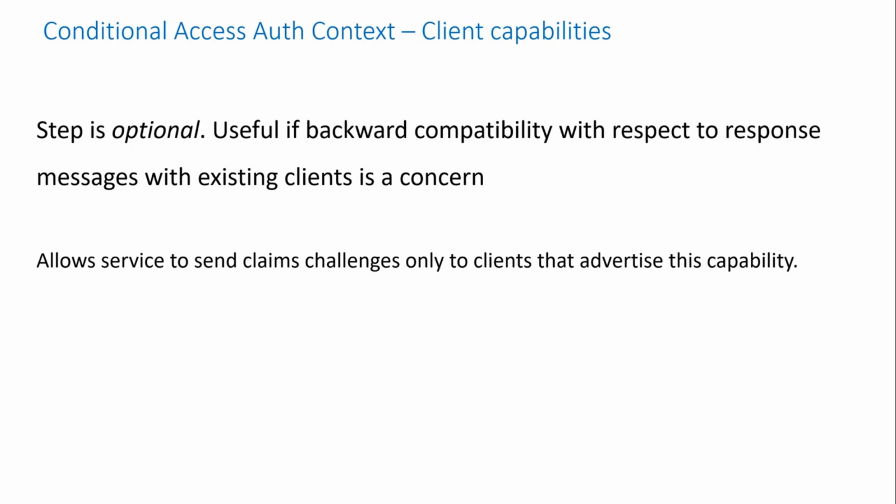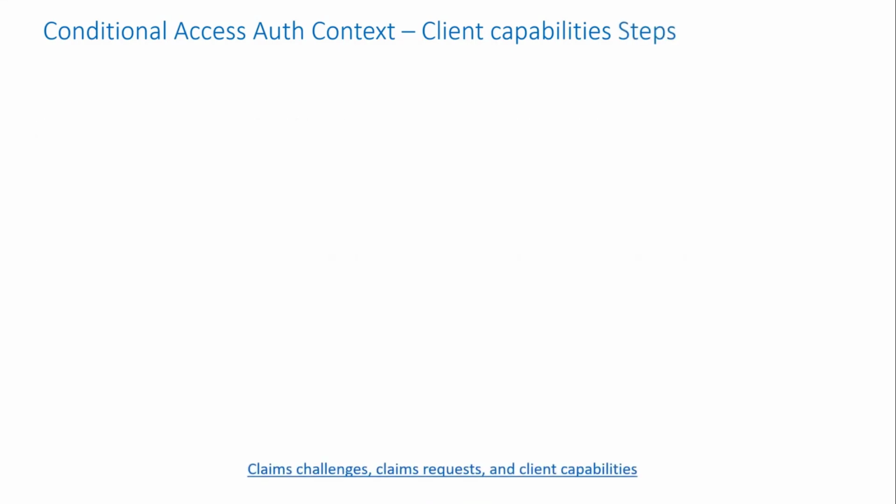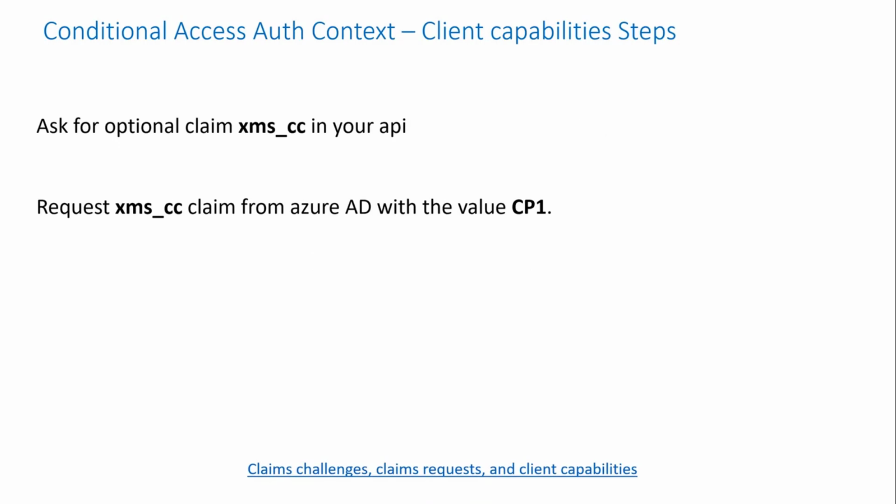In this case, make sure that you don't send claims challenges to clients who do not understand them. It is baked into our code. Essentially, it is sent to you in a claim called xms_cc, and we only support a value of cp1.